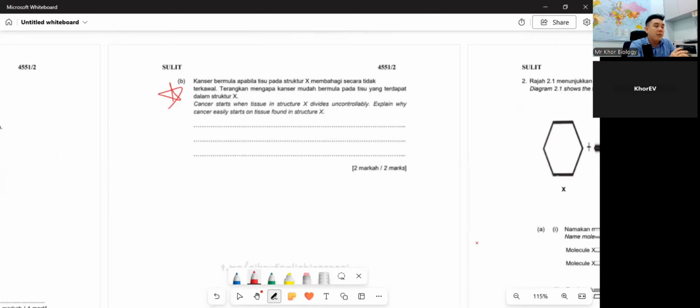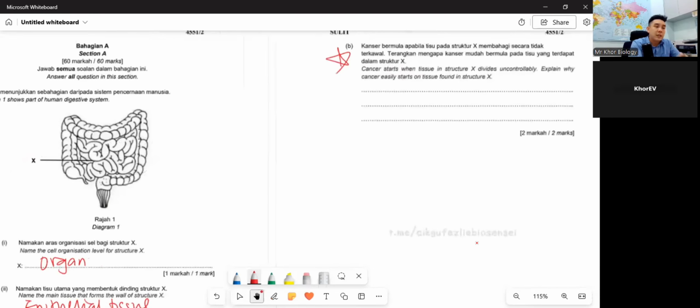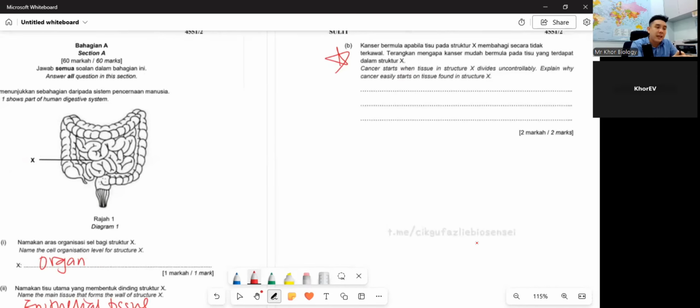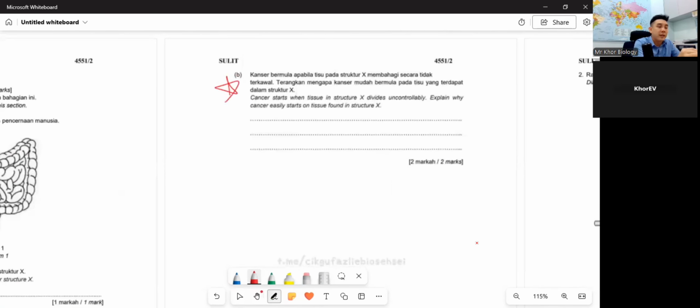The reason cancer can easily start on the tissue here is because it is considered the outermost layer of the organ.